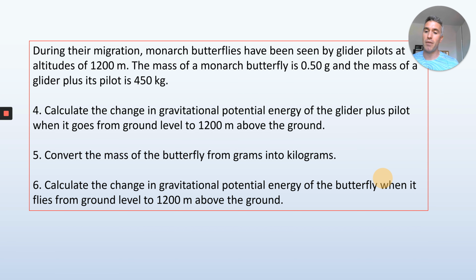Calculate the change in gravitational potential energy of the glider plus pilot when it goes from the ground to 1,200 meters. I just did the example before. Then convert the mass of the butterfly from grams into kilograms. Be careful, because it's 0.5 grams, not 0.5 kilograms. And then calculate the change in gravitational potential energy of the butterfly when it flies from the ground all the way to 1,200 meters.